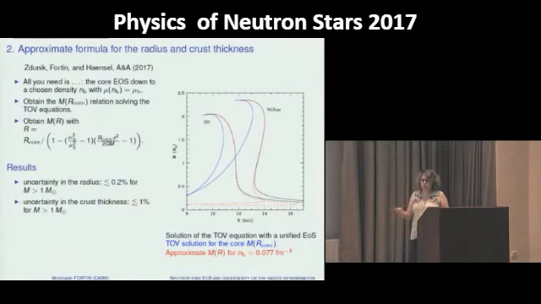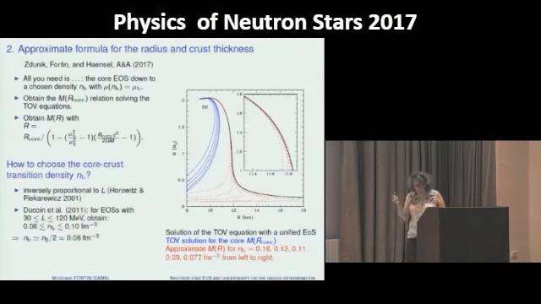So with this approach, you don't need an equation of state for the crust, which is actually fairly complicated to calculate. You just need an equation of state for the core. But as I mentioned twice already, the tricky part in this approach is to calculate where to stop the equation of state for the core. So we had a look at a large set of equations of state. And for a large range of values of the slope of the symmetry energy, the core-crust transition is usually located within this range.